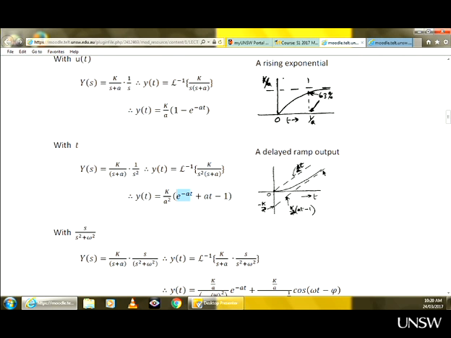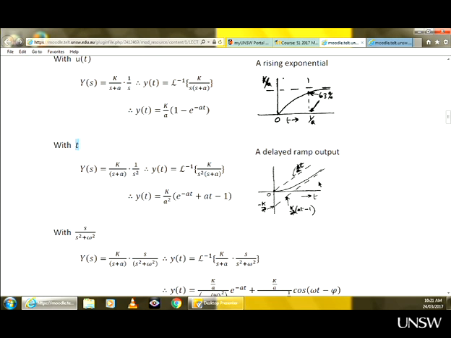The output, after a certain period of time, will become a straight line again. The only difference is that the slope here is not 1. It's not 45 degrees. Here it is. So this line is 45 degrees to the x-axis, or time axis. But the output ramp will not be.